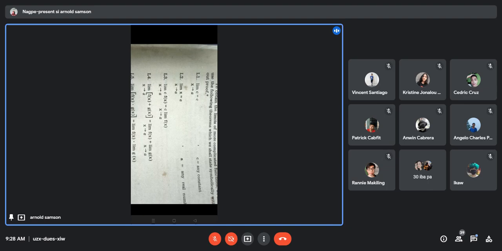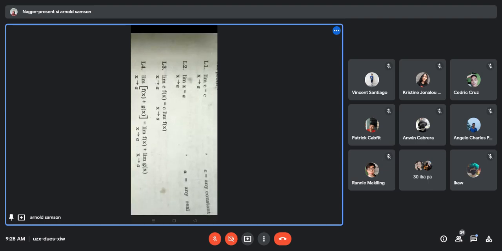No? And rule number 2 niya, the limit of x when x approaches to a is equal to a. Ibig sabihin, yung a natin ngayon is any real number. For example, the limit of x when x approaches to 2. So the answer now is 2. No? Okay?